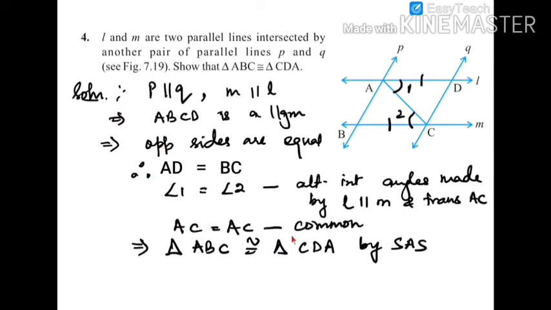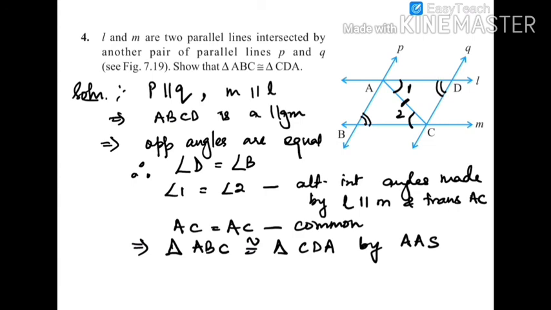So in the same answer, if we replace the equal sides AD equal to BC by angles B equal to D, then the two triangles will be congruent by angle side.